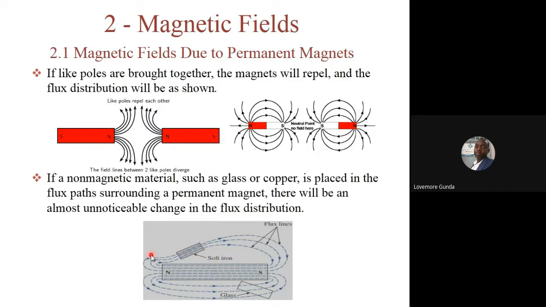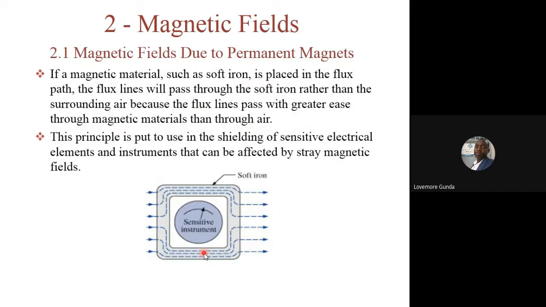Therefore, flux lines tend to diverge and get into the magnetic material. When they get out, then they separate as they will. So a glass will not affect the distribution of a magnetic field, but a magnetic material will affect the distribution of the magnetic field.